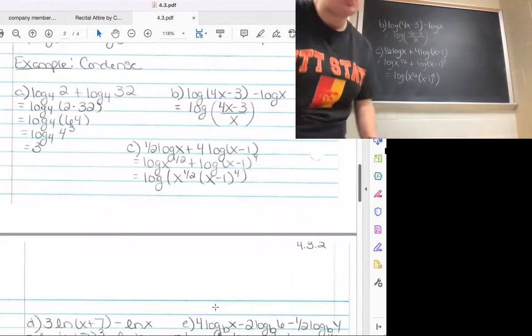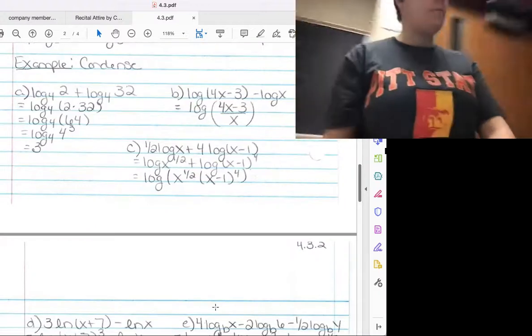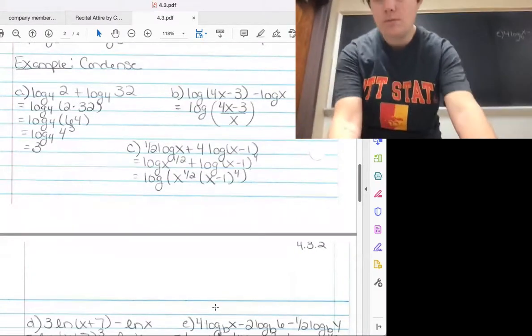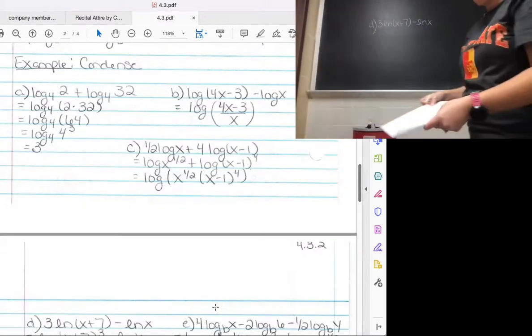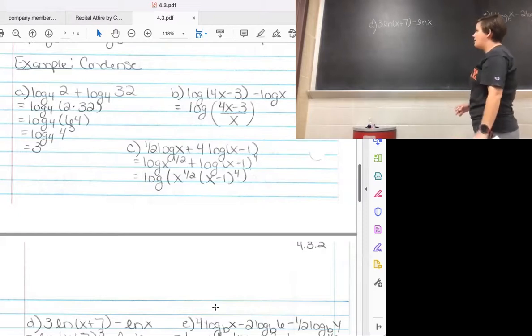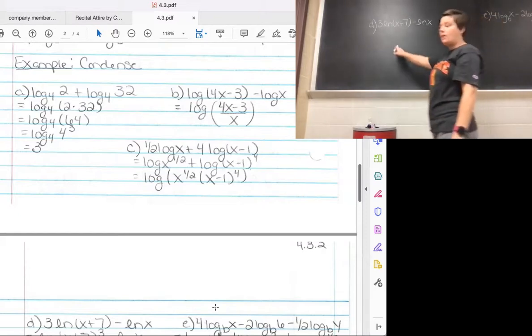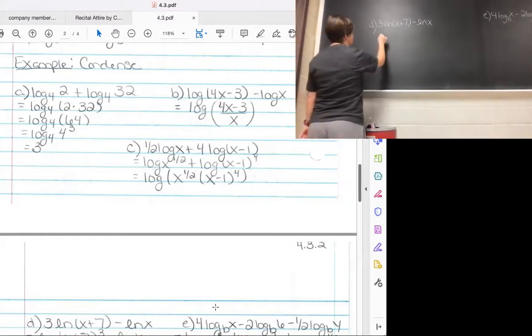Okay, let's go do 2 more examples of condensing. We have 3 ln of x plus 7 minus ln of x. Again, if I have that coefficient out front, that tells me I can use my power rule, and I'm going to do that first.